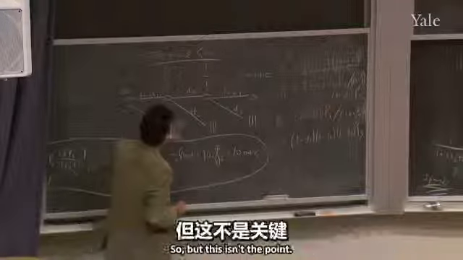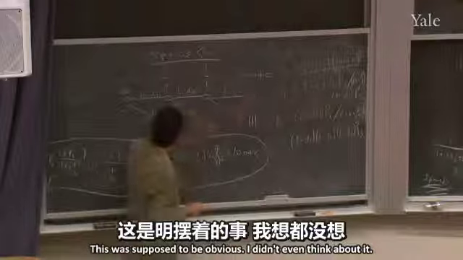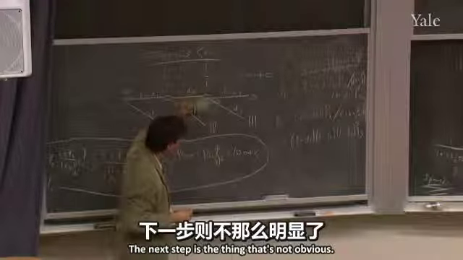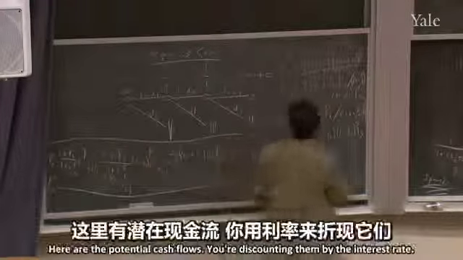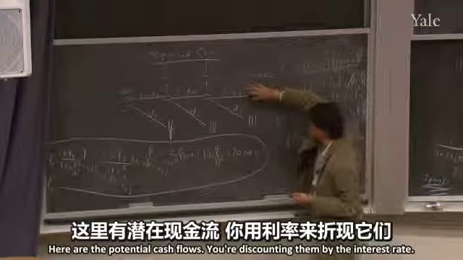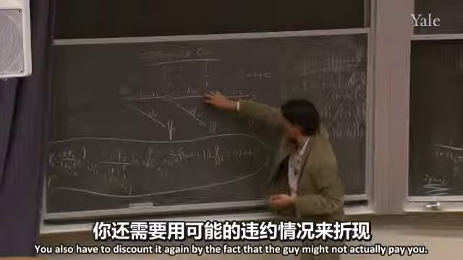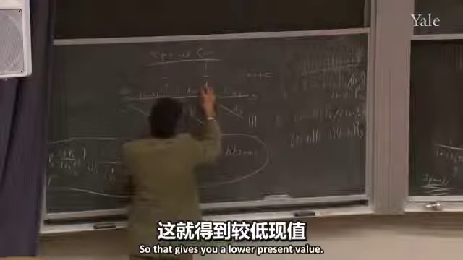But this isn't the point. This was supposed to be obvious. The next step is the thing that's not obvious. To discount, you figure, here are the potential cash flows. You're discounting them by the interest rate. You also have to discount again by the fact that the guy might not actually pay you. That gives you a lower present value.